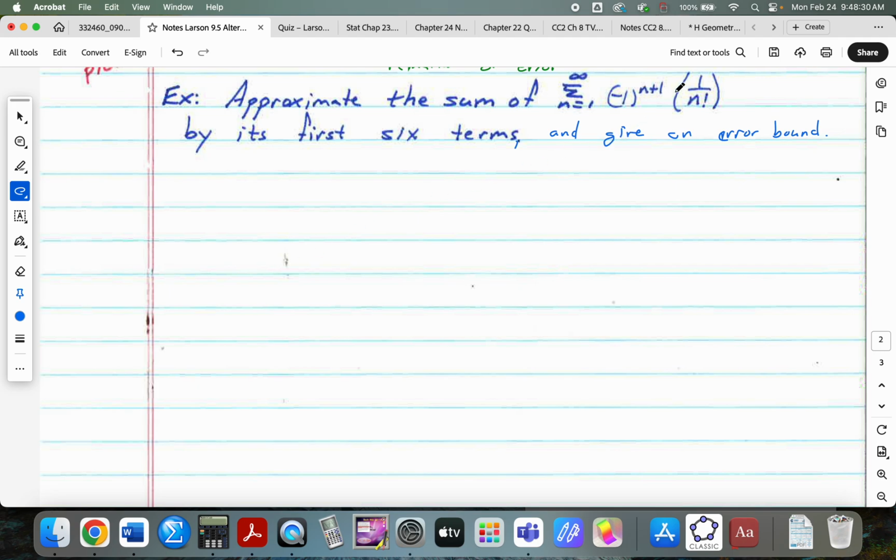All right, so this starts off positive. So the first 6 terms are 1 over 1 factorial minus 1 over 2 factorial plus 1 over 3 factorial minus 1 over 4 factorial plus 1 over 5 factorial minus 1 over 6 factorial.